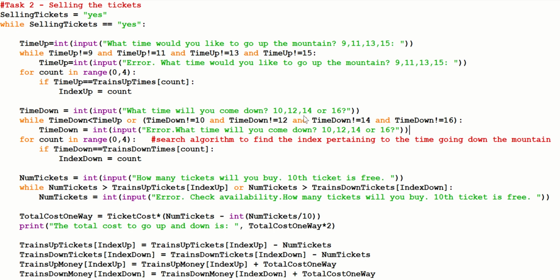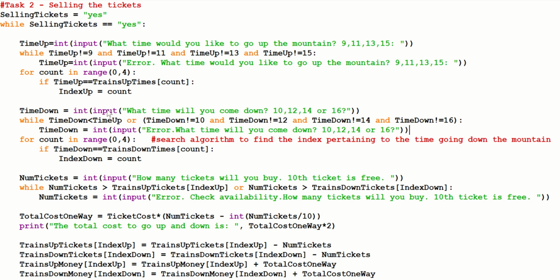Time down equals integer input 10, 12, 14 or 16, while time down is less than time up, because you can't go down first, you have to go up first and then come down.